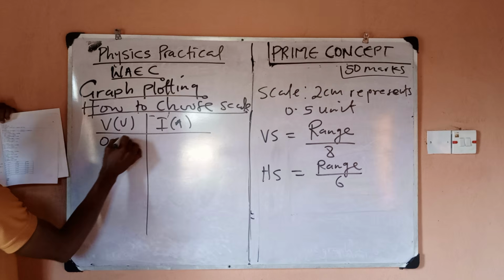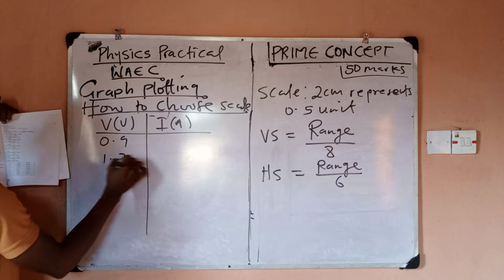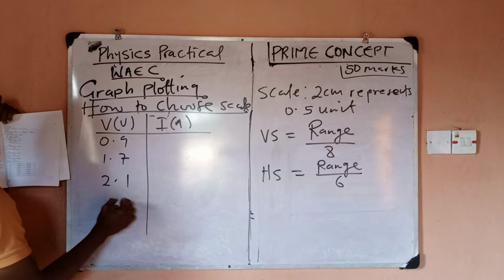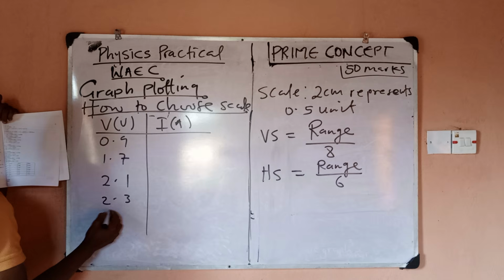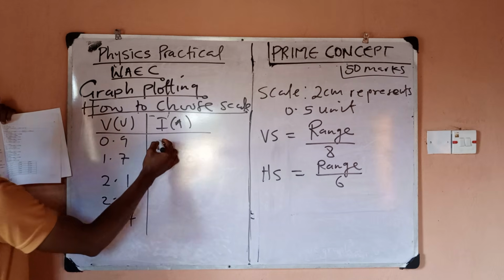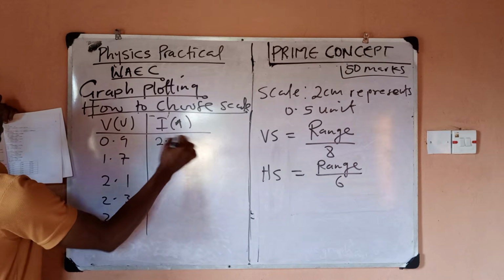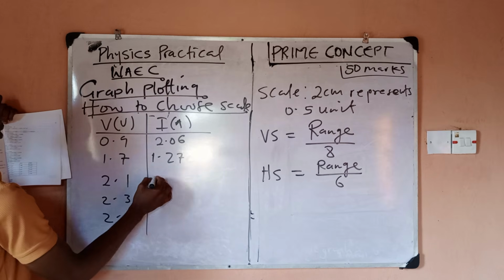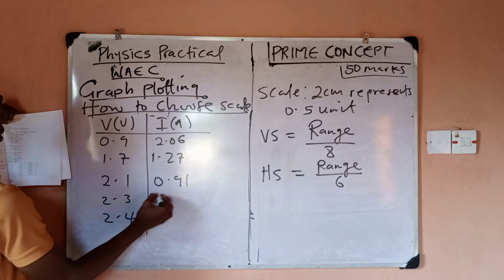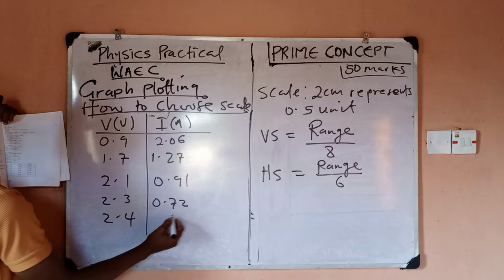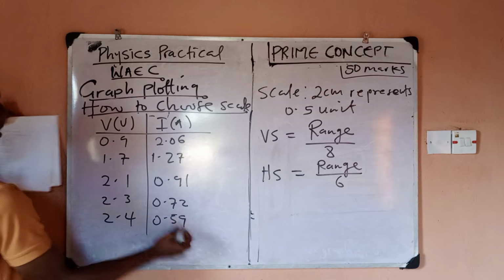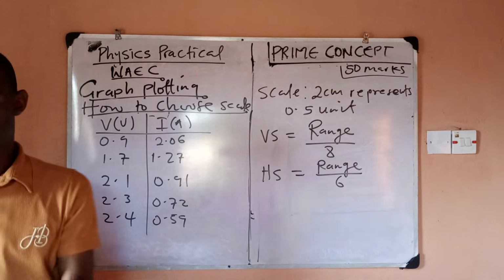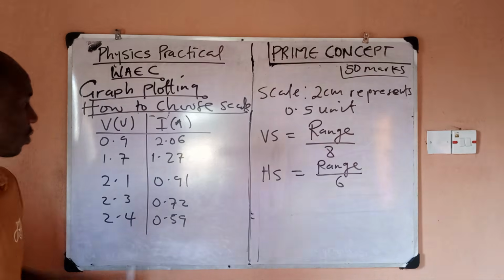We have 0.9, 1.7, 2.1, 2.3, 2.4, and here we have 2.06, 1.27, 0.91, 0.72, and 0.59. So these are the values we want to plot.